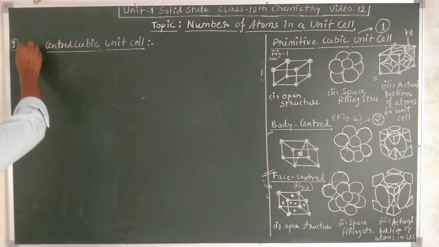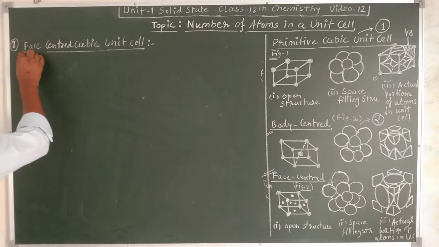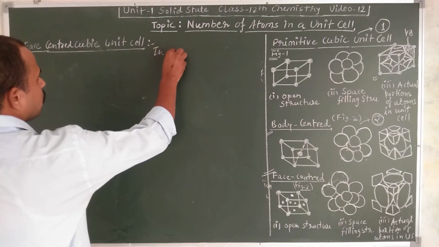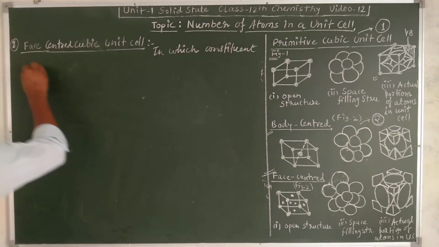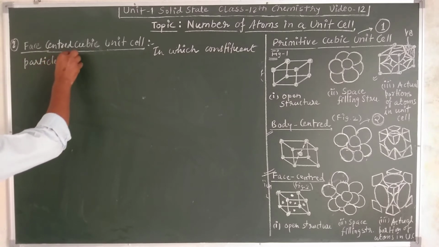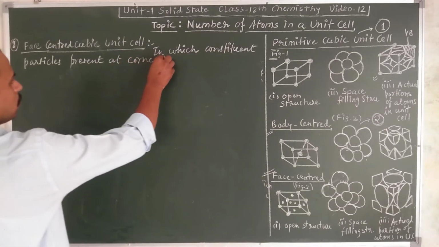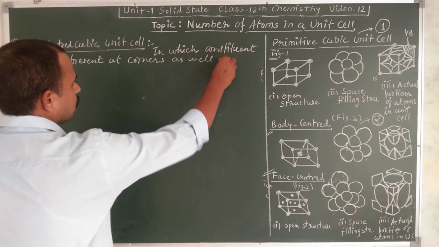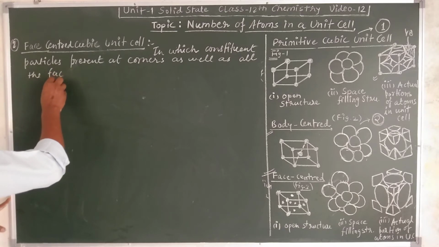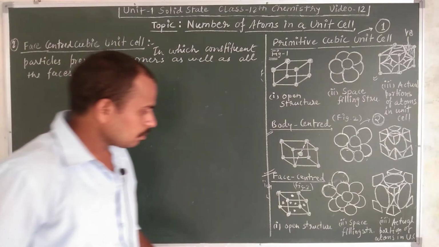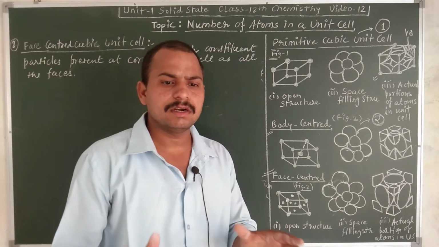In face centered unit cell, constituent particles are present at corners as well as all the faces. तो face centered unit cell, all constituent particles present at corners and some particles present on all the faces.